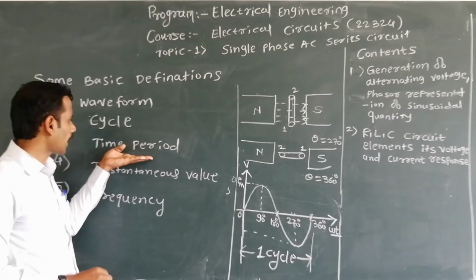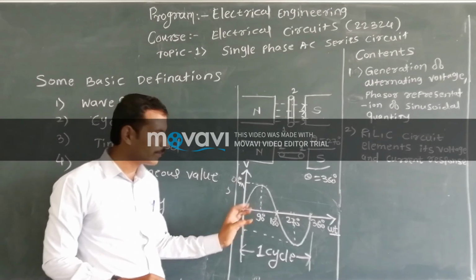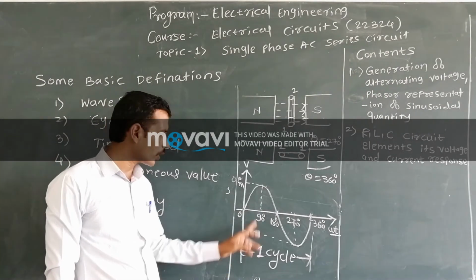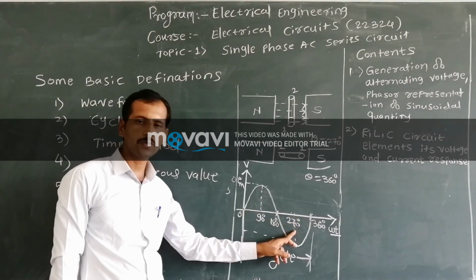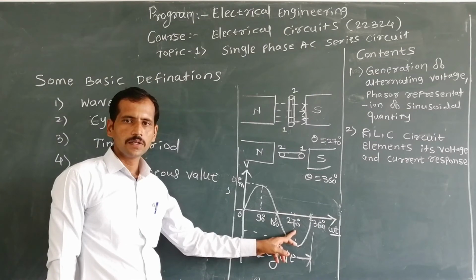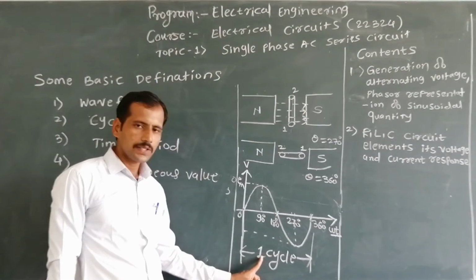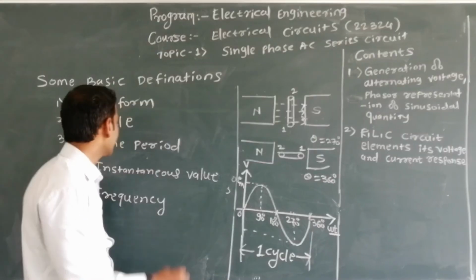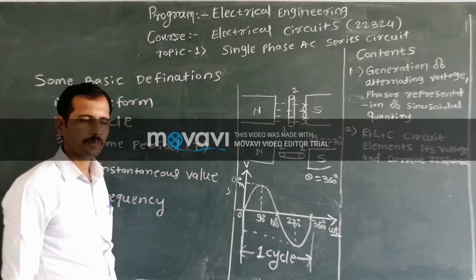Next definition is time period. Time period is defined as the time taken by an alternating quantity to complete one cycle. Generally it is denoted by capital T and its unit is second.